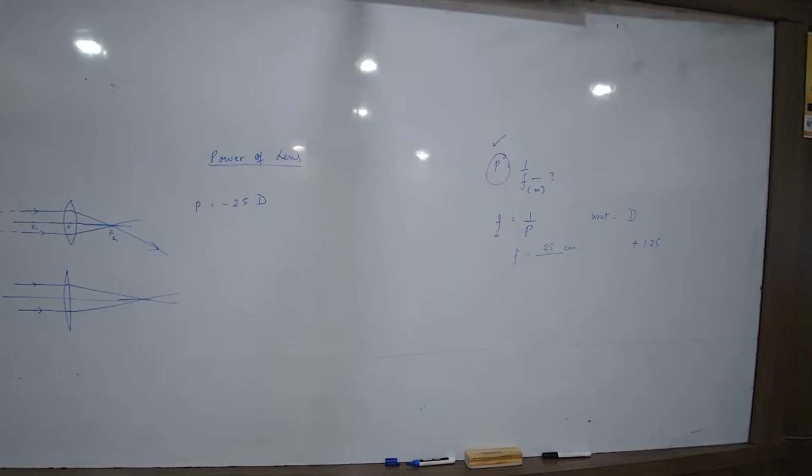Put the second point. The power of a lens is defined as the reciprocal of what? Reciprocal of focal length.